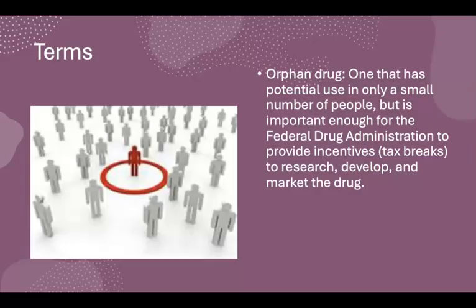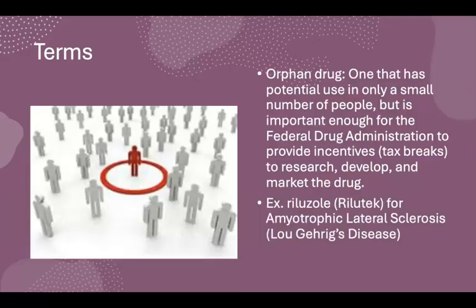So for the development, research, and marketing of those medications, the FDA gives certain tax breaks to those companies to continue the work of producing drugs that may be very effective for a very small population of patients, and that is very life-changing for those patients. So this is an example of what I was describing to you here.